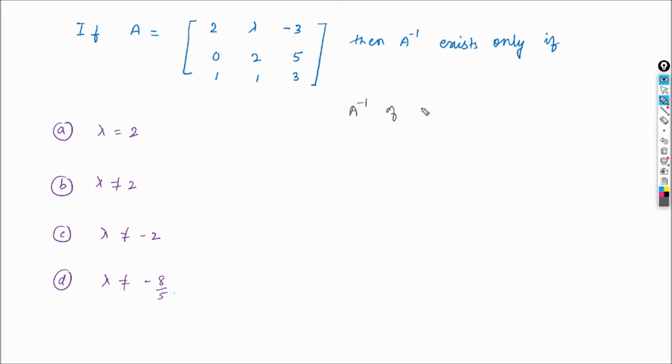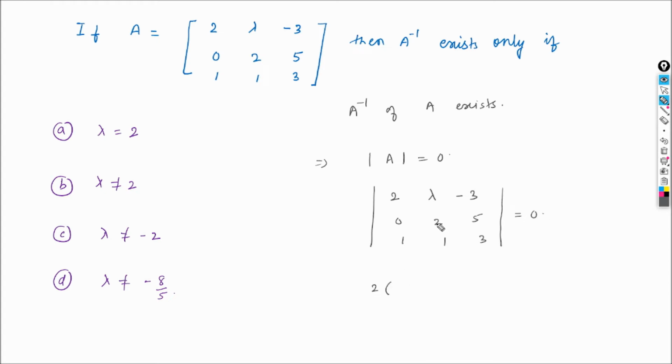Here inverse of A exists. This implies determinant of A is not equal to 0. So therefore I can write here 2, lambda, minus 3, 0, 2, 5, 1, 1, that is not equal to 0.